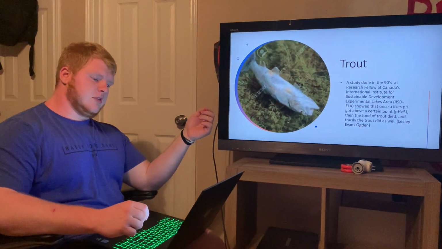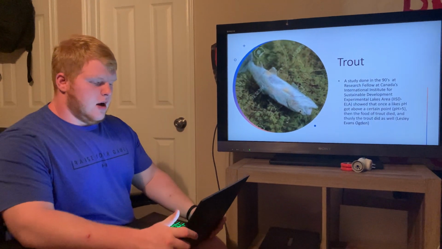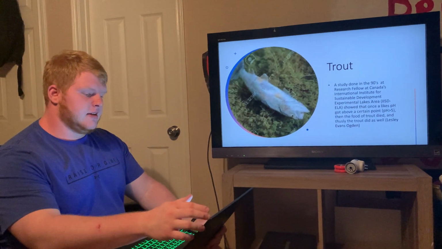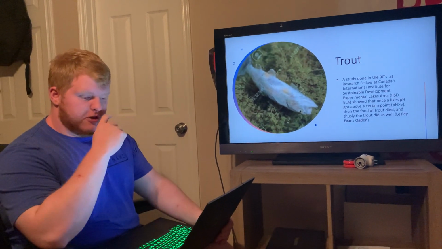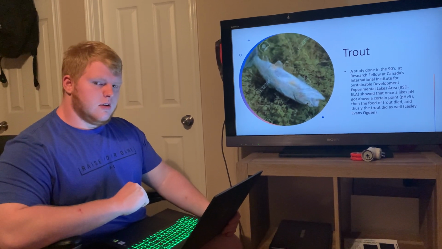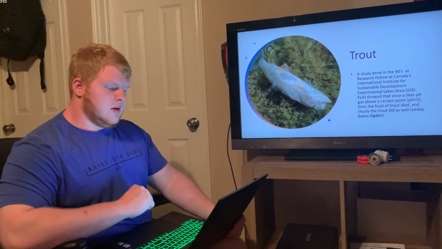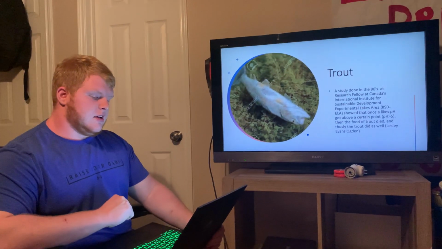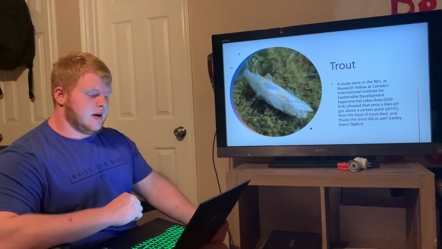A study was done on trout in the 90s at the Research Fellowship at Canada's International Institute for Sustainable Development Experimental Lakes Area.